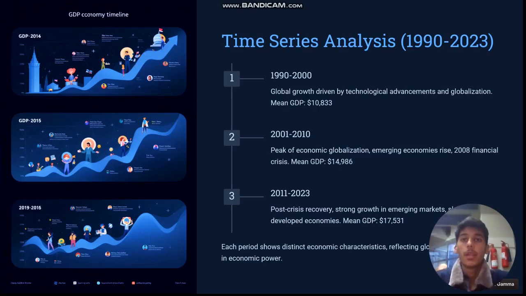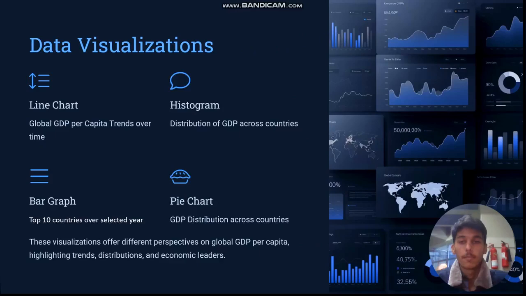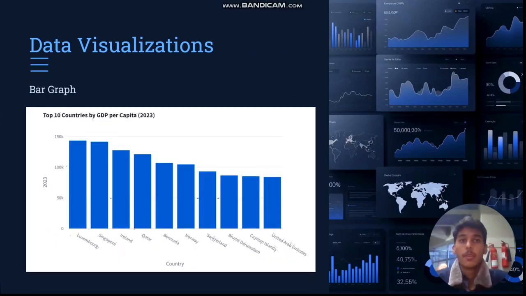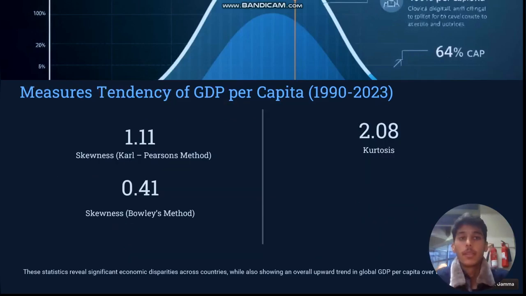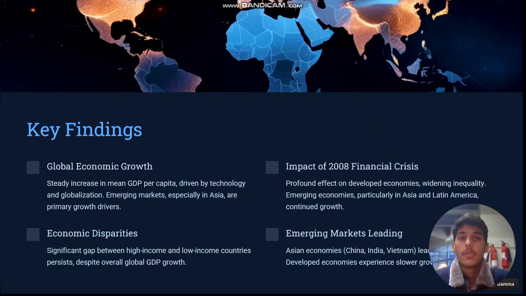Additionally, we visualized the data through line charts, histograms, bar graphs, and pie charts, and performed statistical analysis to calculate the mean, median, mode, and measures of dispersion, highlighting the inequality in GDP distribution. Key findings include the continued growth in GDP per capita, especially driven by emerging markets in Asia, and the economic disparities between rich and poor countries.